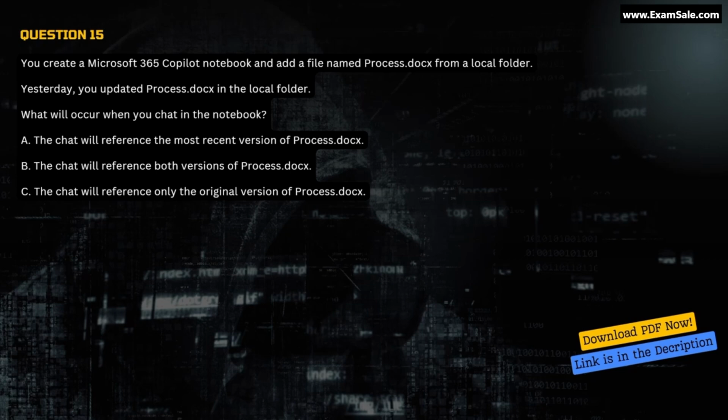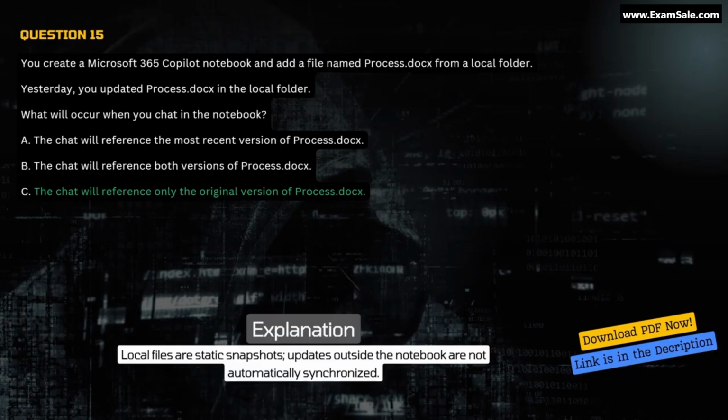B. The chat will reference both versions of process.docs. C. The chat will reference only the original version of process.docs. Correct answer C. The chat will reference only the original version of process.docs. Explanation. Local files are static snapshots. Updates outside the notebook are not automatically synchronized.